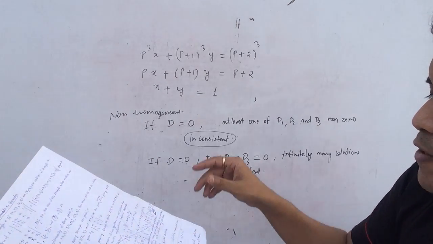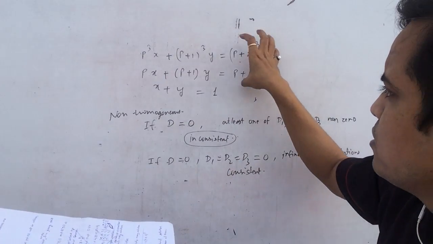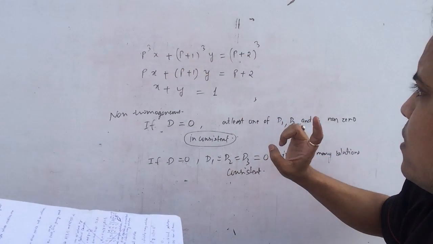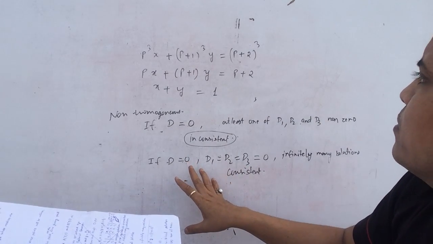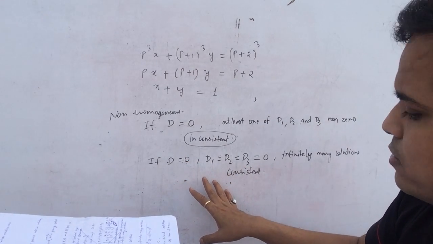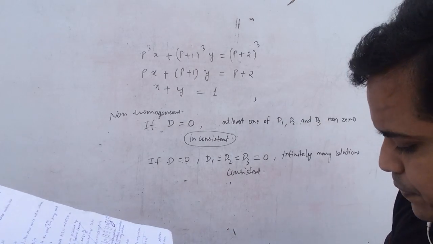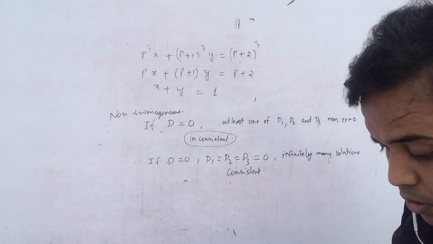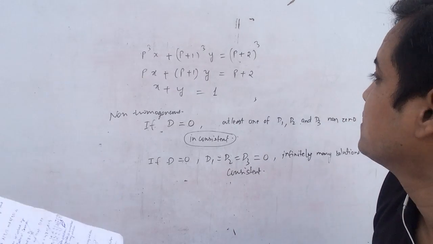This is consistent when d equal to 0. Are you getting d equal to 0 or not here? We need to solve this first. The question says the system is consistent.